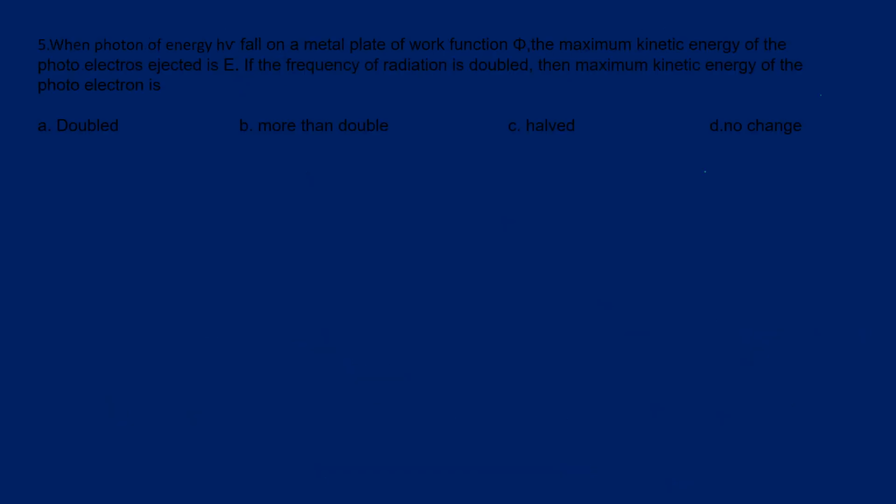When a photon of energy h nu falls on a metal plate of work function phi, the maximum kinetic energy of the photoelectron ejected is E. If the frequency of radiation is doubled, then the maximum kinetic energy of the photoelectron is?